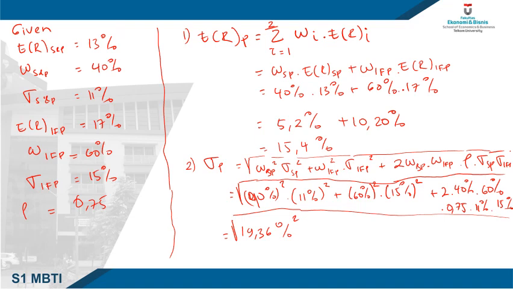So I convert the percent squared into 1 divided by 10,000, and I leave it that way, the percentage in squared, plus 60 squared times 15 squared, that will be 81% squared, plus 2 times 40 times 60 times 0.75 times 11 times 15.